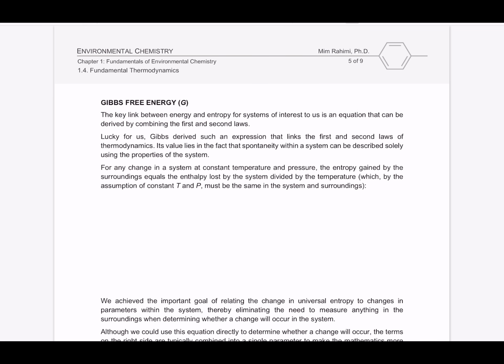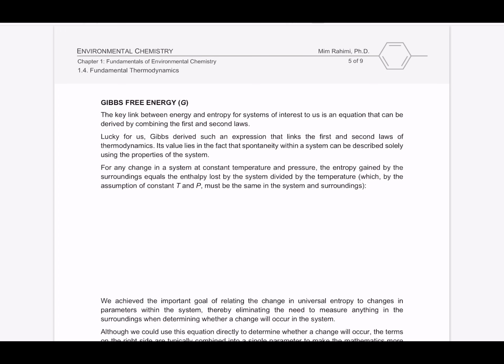So Mr. Gibbs, I don't know his first name, did it and basically saved us some time. The goal was to connect delta S of the surrounding of this room, how it's changing if I'm exposing it to some system, which is this one.